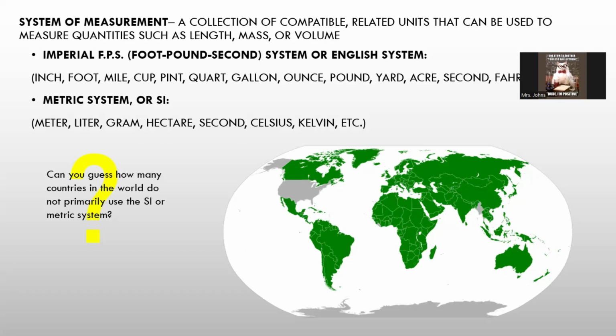Just out of curiosity, do you have any idea in all the world how many countries do not primarily use the SI/metric system? If you guessed 3, you're correct. Here we've got the United States, Liberia in Africa, and Myanmar or Burma in Southeast Asia.